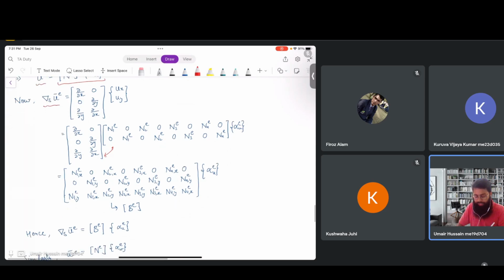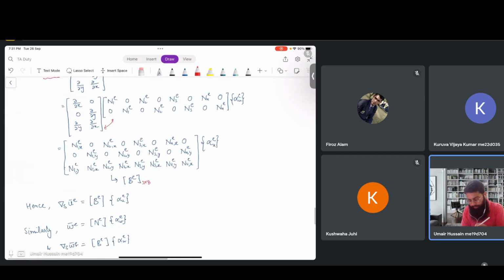So ultimately we'll get a 3 cross 8 matrix, which we can represent as BE. So ultimately, this symmetric gradient operator applied on UE can be represented as the product of BE with these nodal values alpha E.